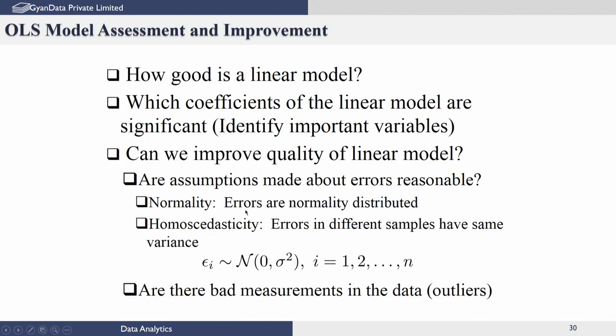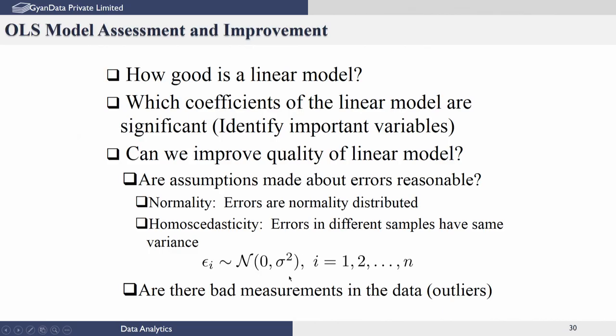In general, these two assumptions about the errors, that they are normally distributed with identical variance, can be compactly represented by saying that epsilon i, the error corrupting measurement i, is normally distributed with 0 mean and sigma squared variance. Notice that sigma squared is the same and does not depend on i, which means it is the same for all samples i equals 1 to n. That is the assumption we have made when we use the standard method of least squares.